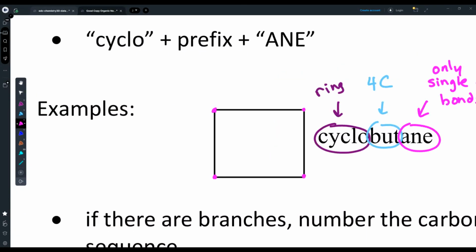For practice with deriving chemical formulas from looking at line structures, this one would be C4. And for the amount of implied hydrogens, remember that carbon always forms 4 bonds. So each of these has 2 implied hydrogens for a total of 8.